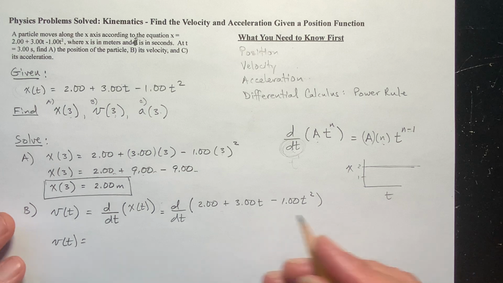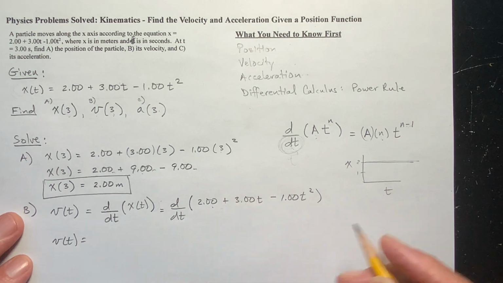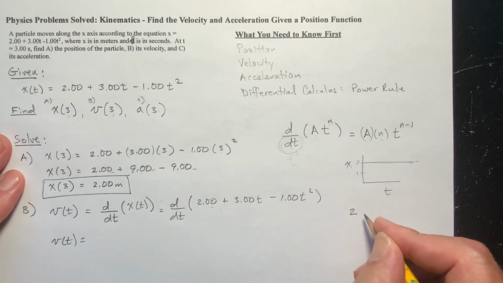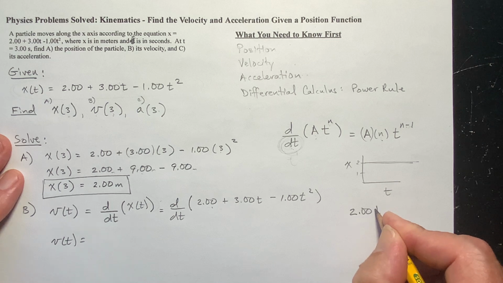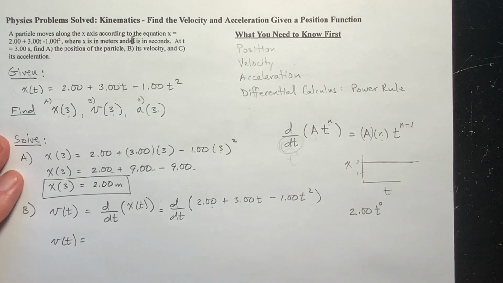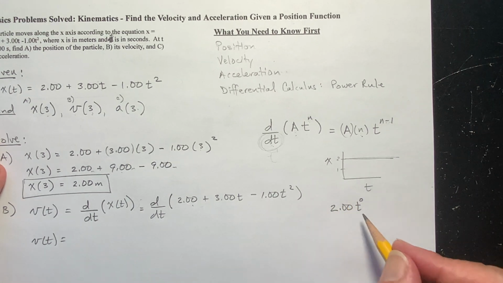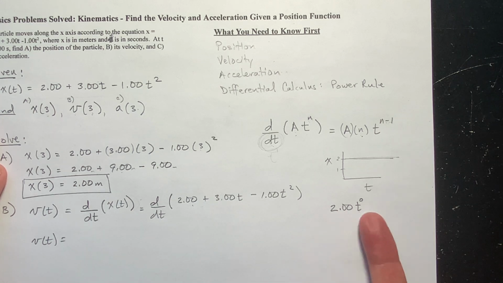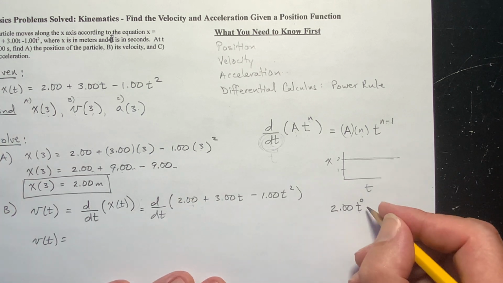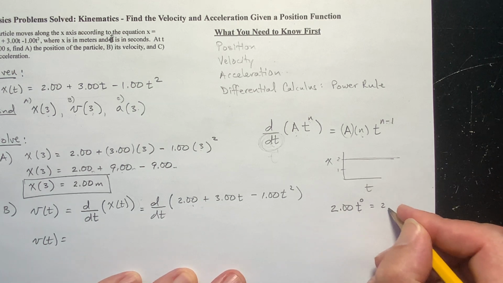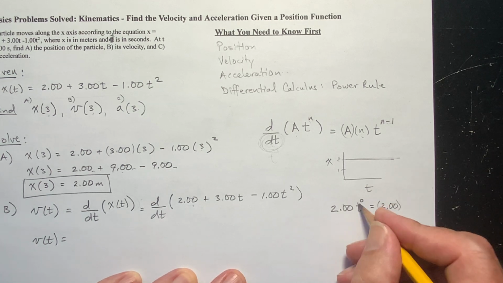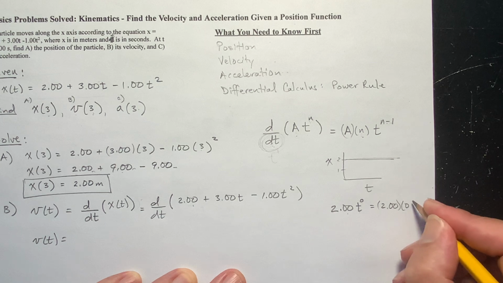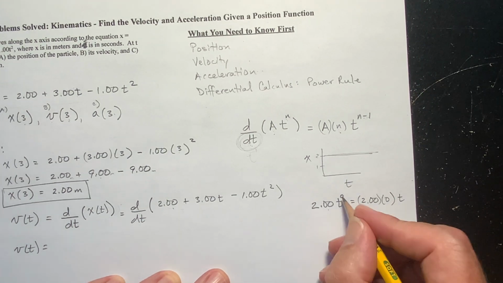It also works with the power rule, because you can think of this as 2.00 times t to the 0 power, because anything to the 0 power is 1. So this is like 2 times 1. If I apply the power rule, I get the 2.00, but then I bring down this 0, and then you have t to the 0 minus 1.